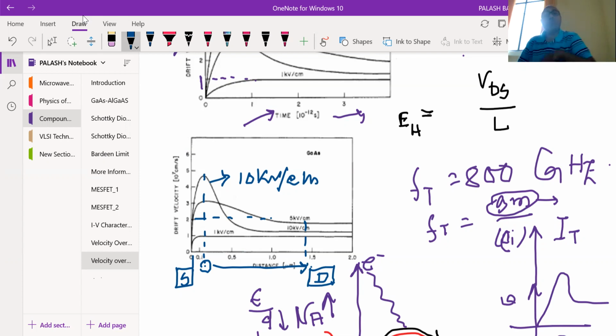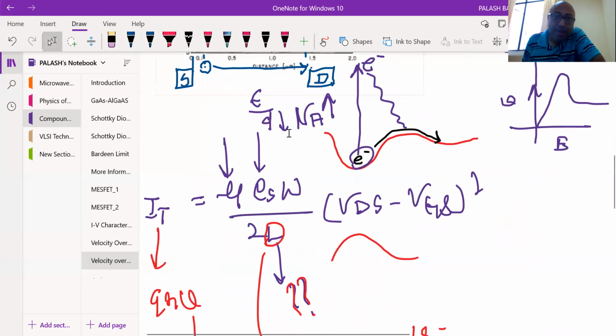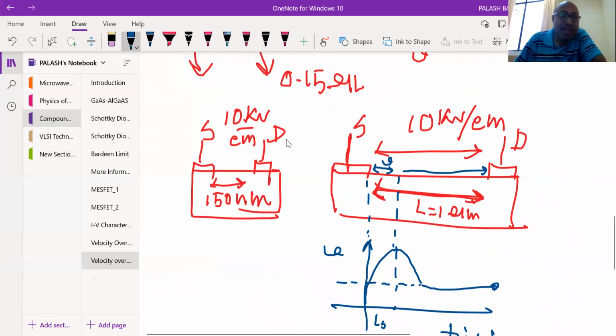So suppose you are applying 10 kilovolt per centimeter: for a large length, large distance, you have to catch this electron before it saturates. Right here in this case, you see your distance is 150 nanometer, as we just saw.